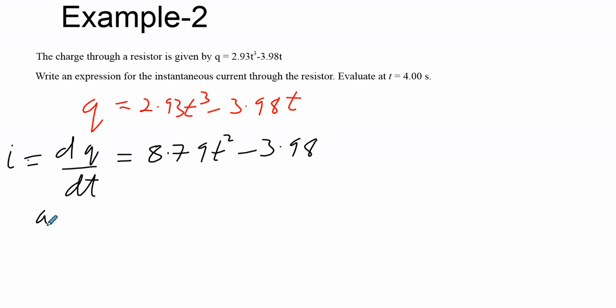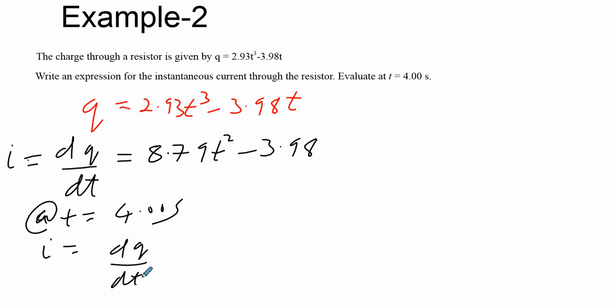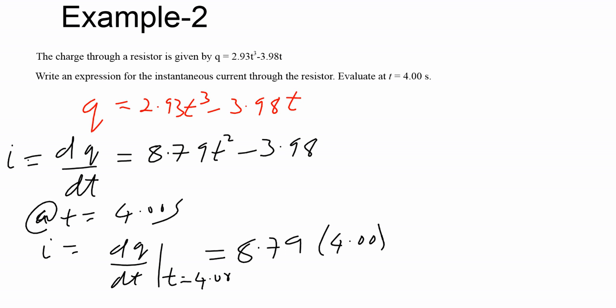So substitute, I will say at t equals 4.00 seconds, the current will be equal to dq over dt at t equals 4 seconds, and that will be 8.79 times 4.00 squared minus 3.98.